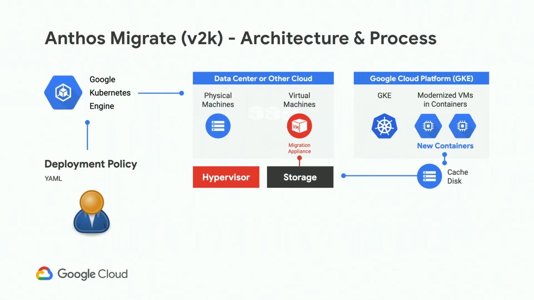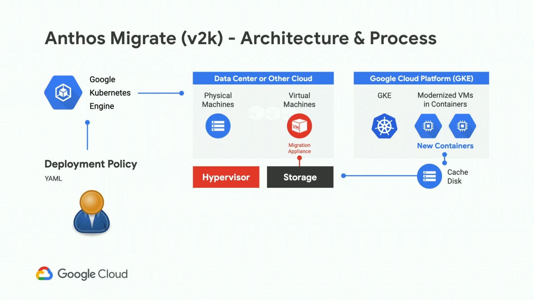An end user starts to use their application on GKE, and the storage is being streamed in the background. It's played remotely, and it's cached locally on GCP. As the user uses it, it continues to get cached. And when everything has been transferred, then you can detach or end your migration and be done with it. It's just a streaming technology that allows that.